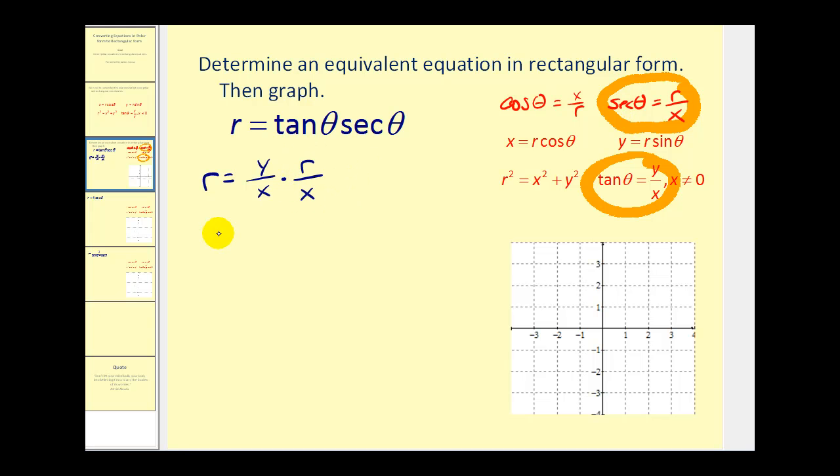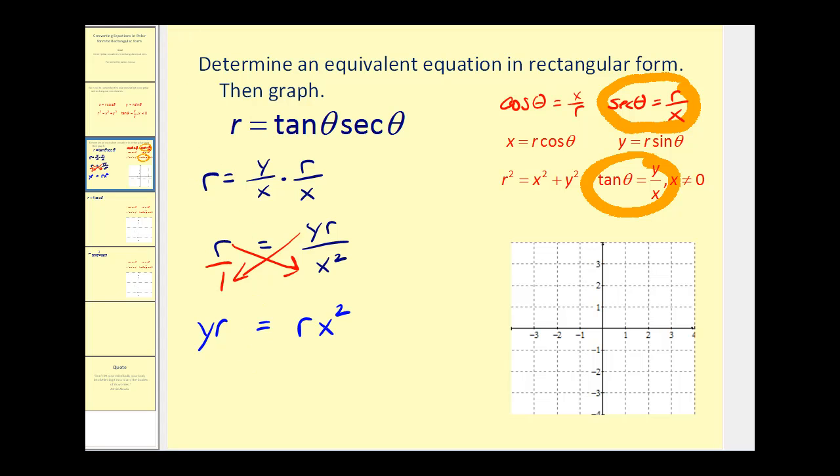Let's multiply this. We have r equals yr over x squared. From here we have a couple options. If we put r over 1, we have a proportion, and then we can cross multiply. So we'd have yr must equal rx squared.